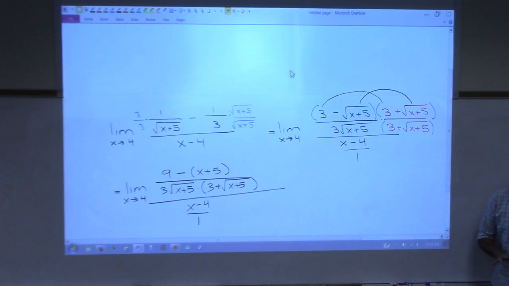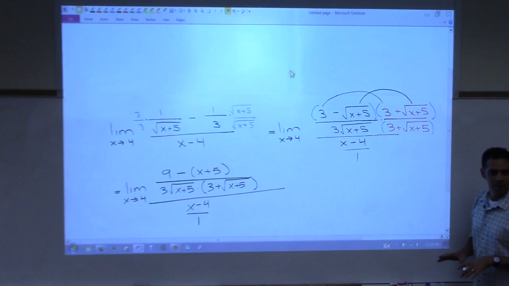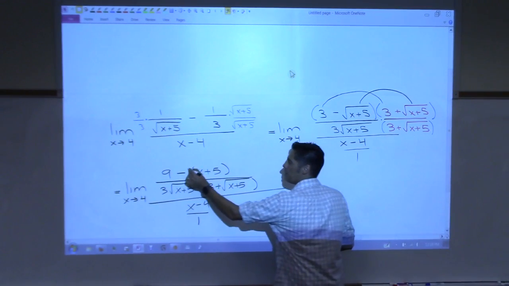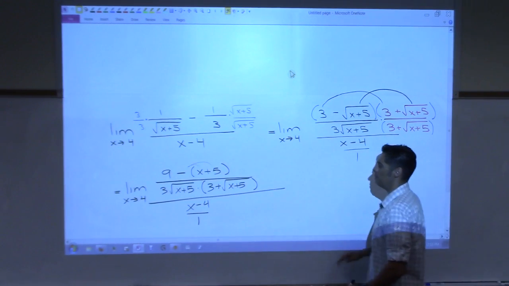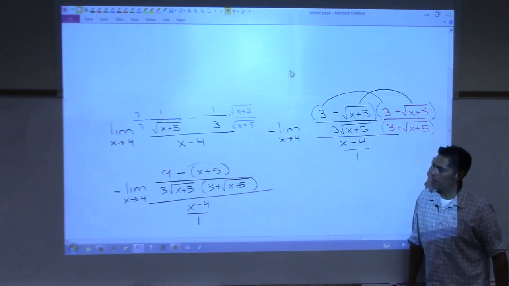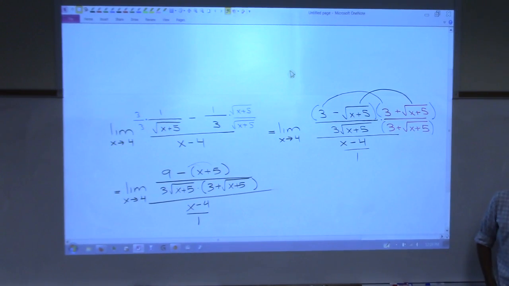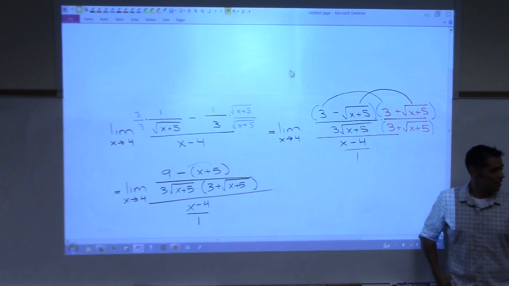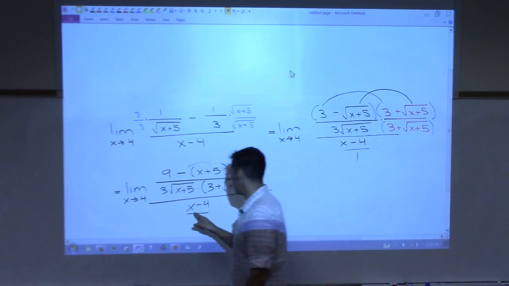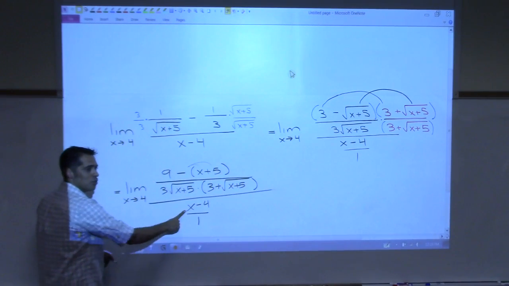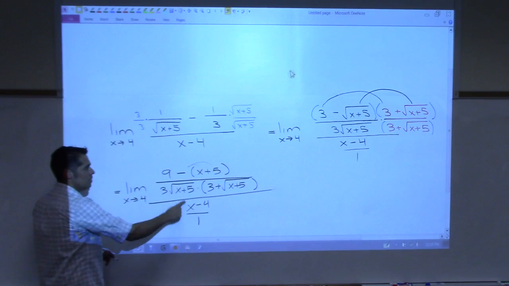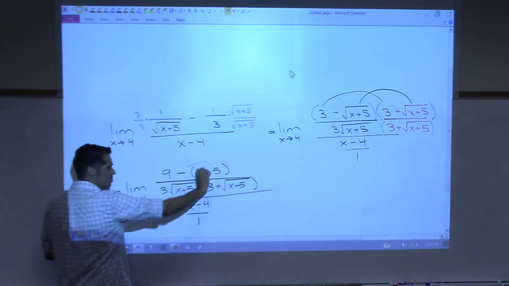And as bad as that looks, do you see it? What happens up here when you distribute that through and clean it up? You get 4 minus x, which is almost x minus 4, but you're off by a sign, aren't you? These two, when we put all this together, that's 4 minus x.